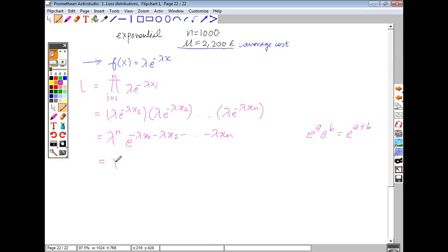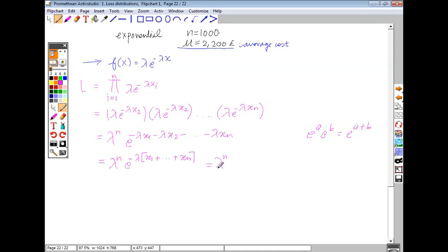And what should I do now? Anyone? Can I simplify it more? e raised to minus lambda common in the bracket, x1 plus x2 till xn. You can just write summation xi, right? Yeah, I can also write it as summation xi.